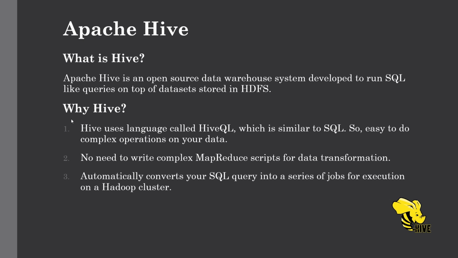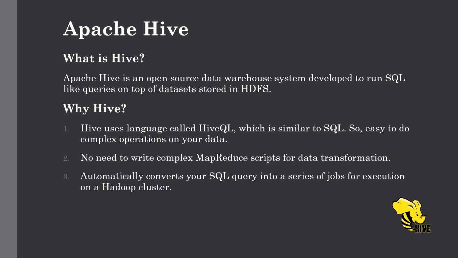Hive uses a language called HiveQL, which is very similar to SQL, and you can do all SQL operations in Hive. So it is easy to do complex operations on your data. That is the first advantage. The second one is you don't need to write any complex MapReduce jobs for your data transformation needs.